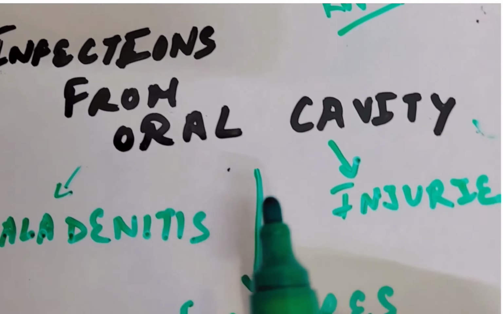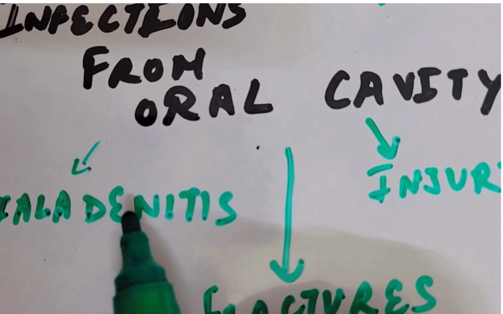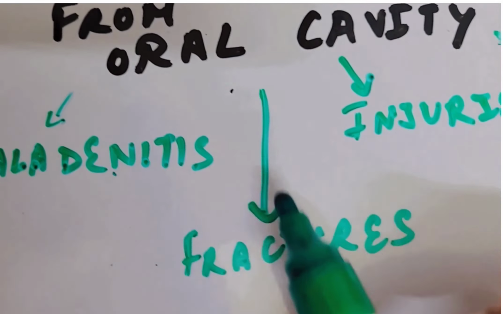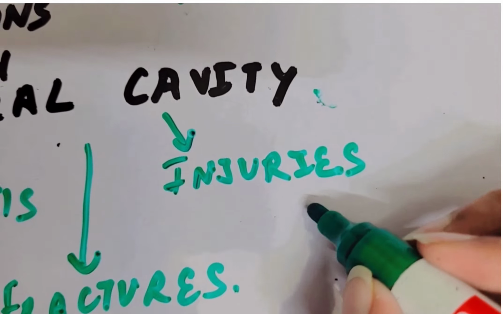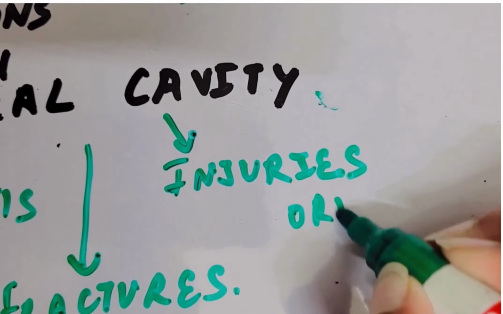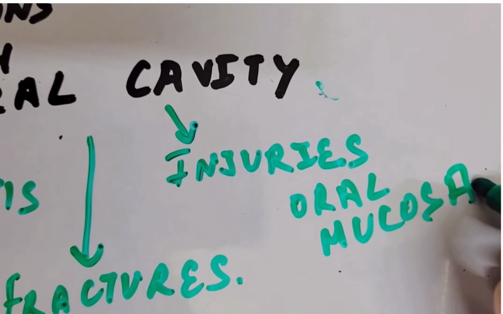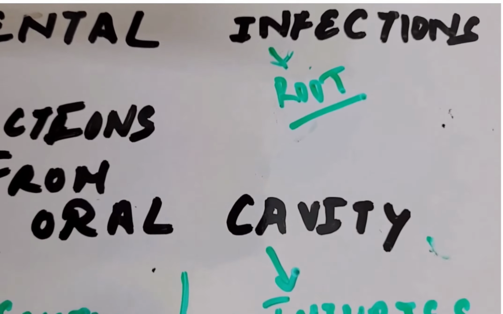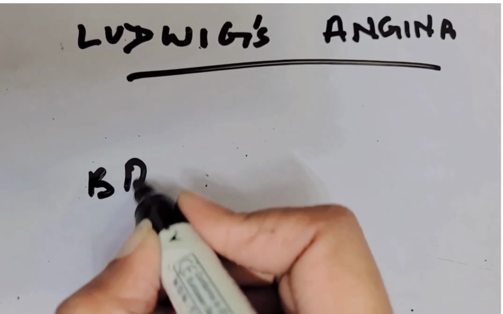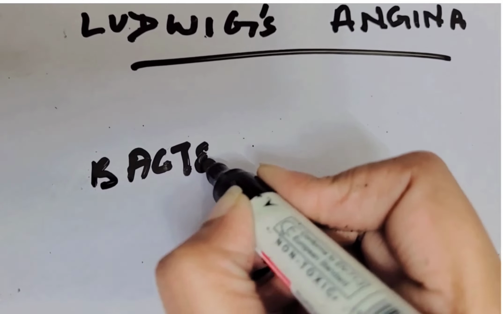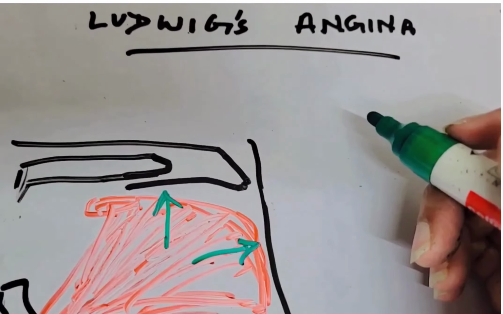Infection from the oral cavity, like submandibular sialadenitis, fractures of the mandible, and injuries of the oral mucosa can cause infection in the submandibular region. As far as the bacteriology is concerned, both aerobes and anaerobes are common.